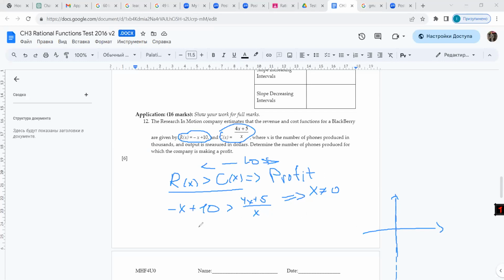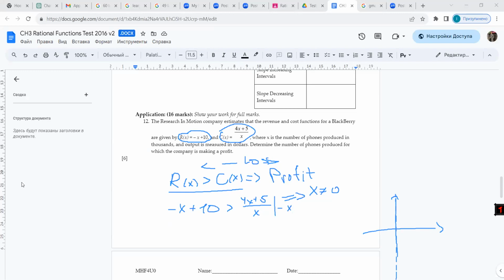Okay, so next step here would be to multiply left and right hand side by x or by negative x, which I suggest, because doing that will get rid of the minus here. So I multiply by negative x.